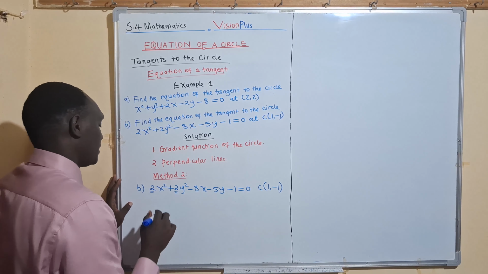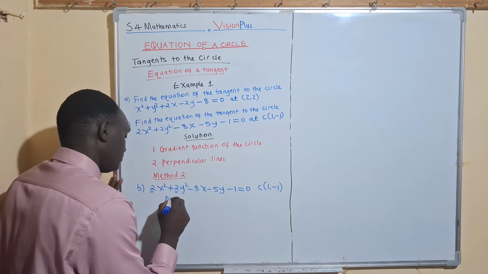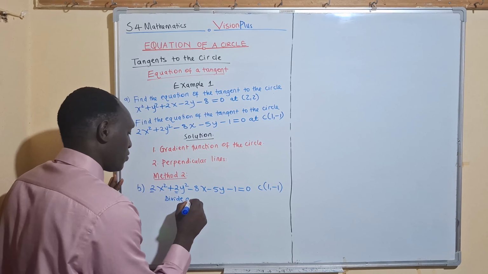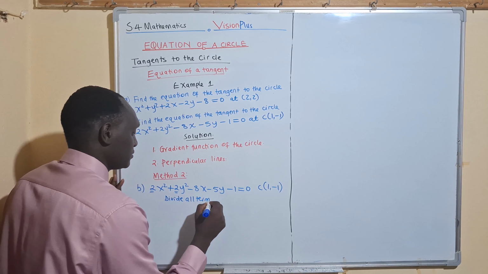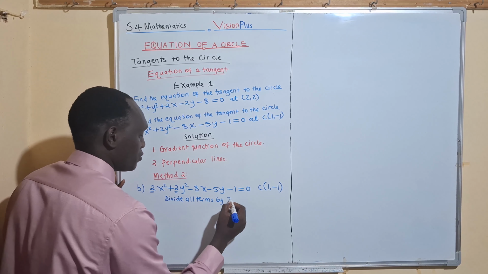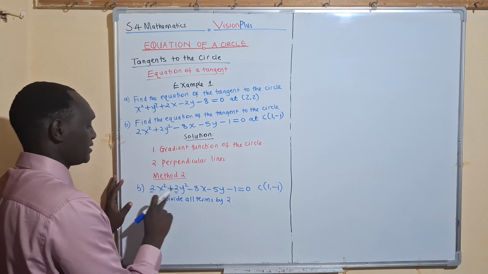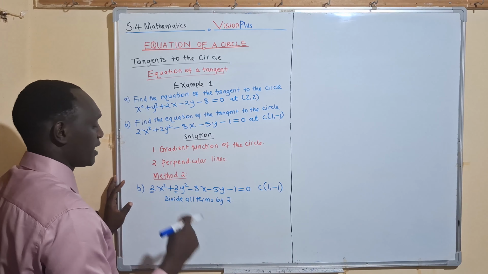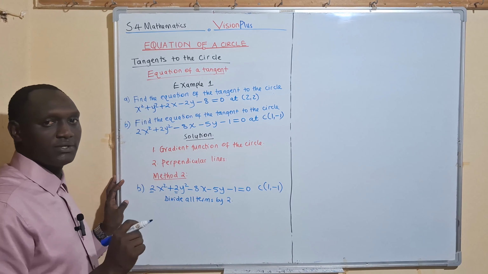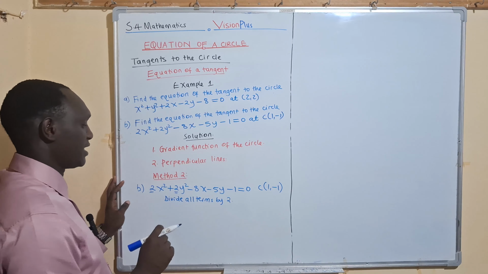So let us divide all the terms by 2, simply to make the coefficients of x squared and y squared 1, so that we can get the correct values of the center of the circle.